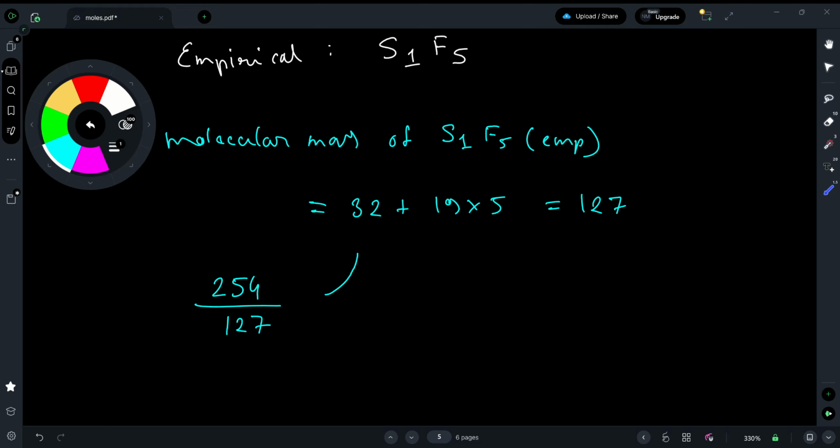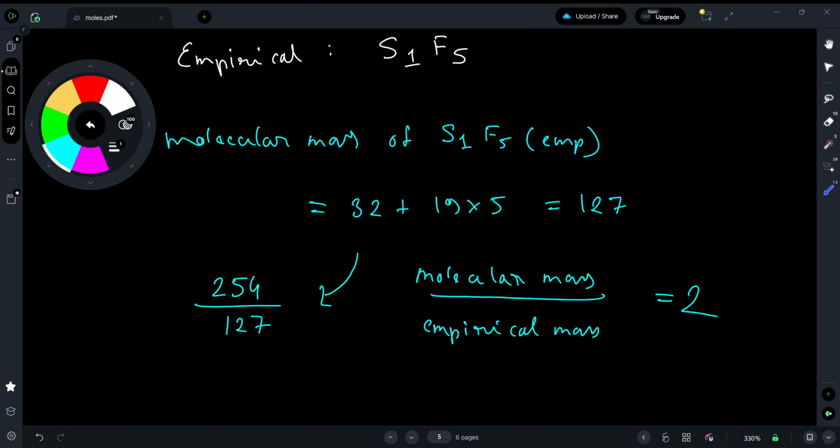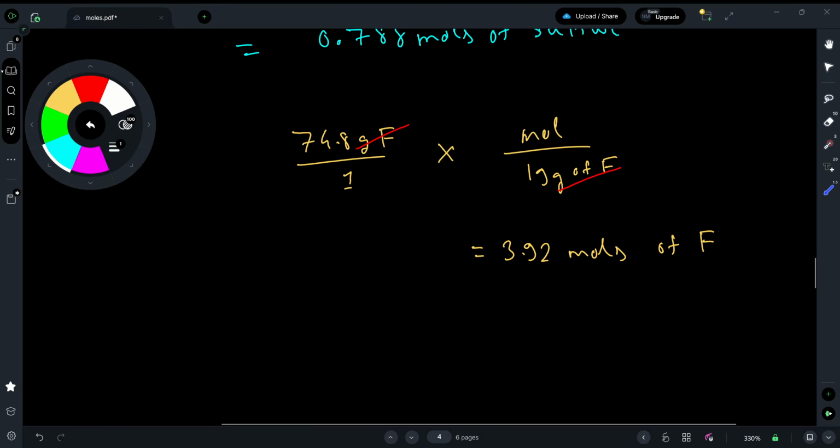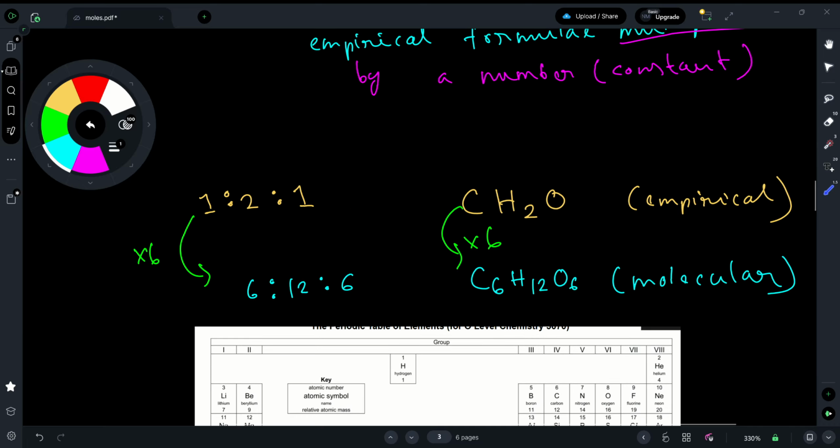Let me just write that this over here is molecular mass by empirical mass. So 254 divided by 127 is roughly 2. So we found this number for our particular case.